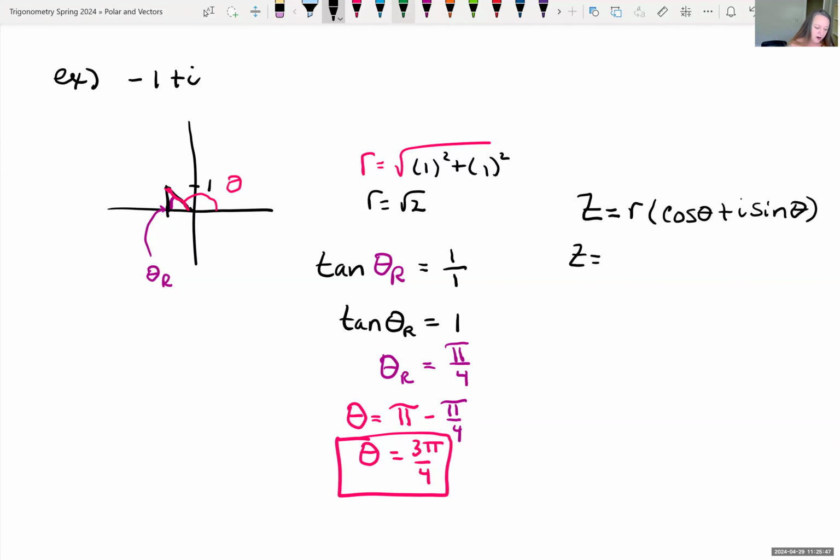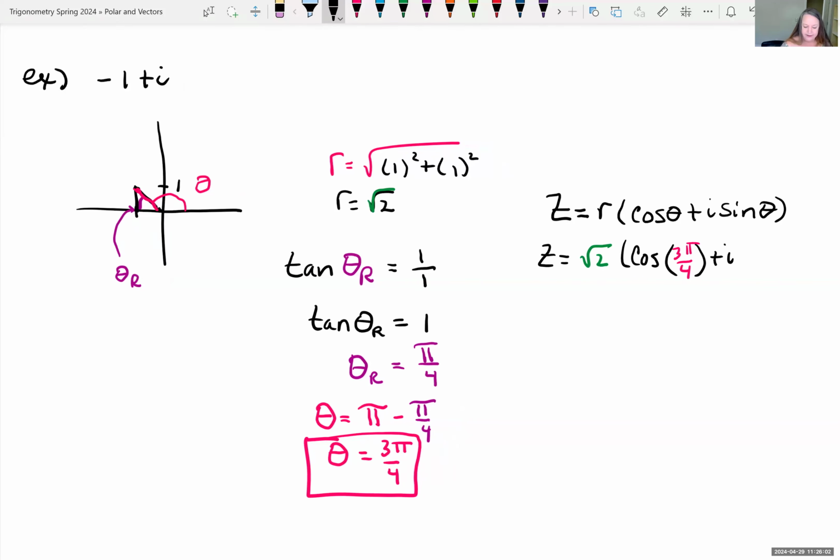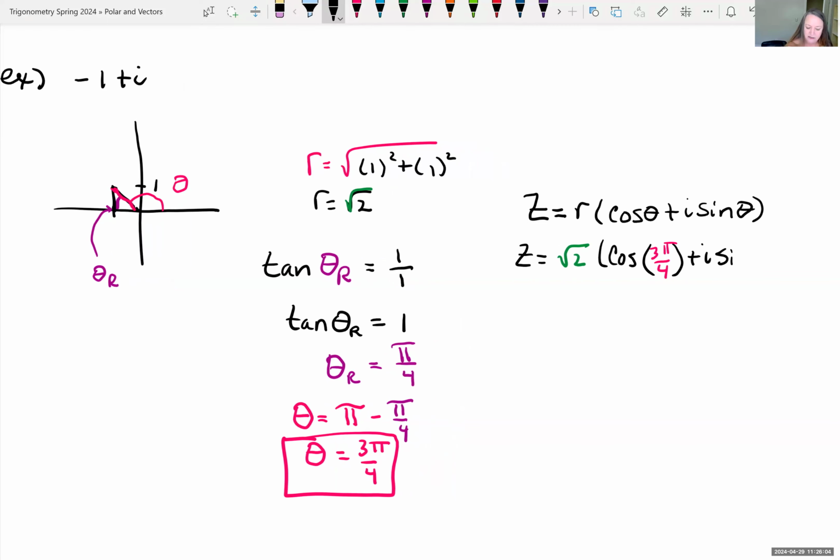So we found r to be root 2, and all times cosine of 3 pi fourths plus i sine of 3 pi fourths.